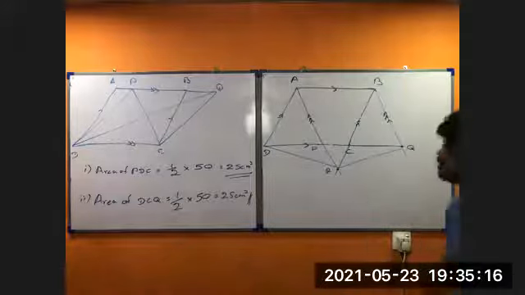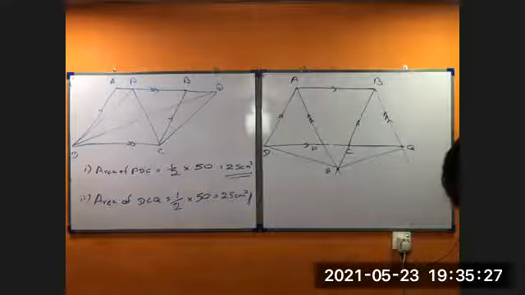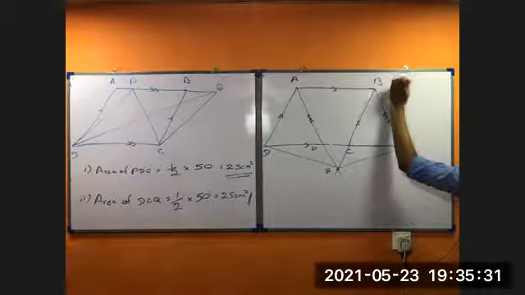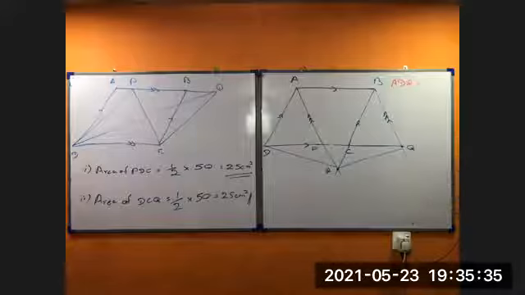So now we need to show that. If you are done, you can say yes. You can send me on chat yes if you are done. So we need to show that, prove that the area of the triangle ADR is equal to area of the triangle BQR.